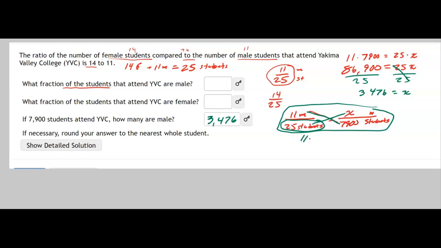So we could have set up the problem like this: 11 times 7,900 divided by 25 could have been the immediate step, that one step, so that we have x isolated.